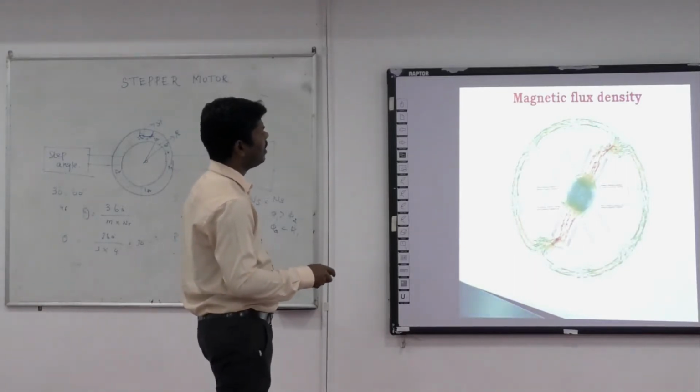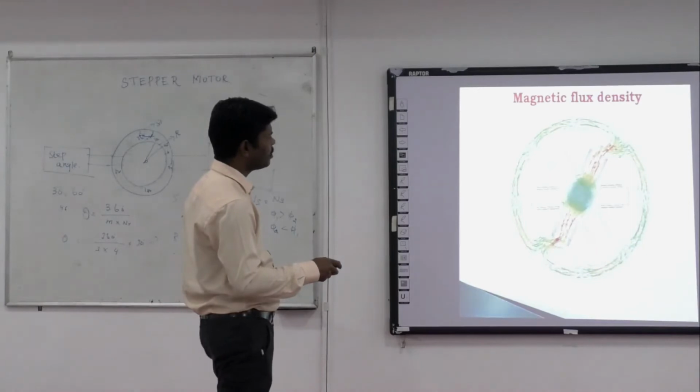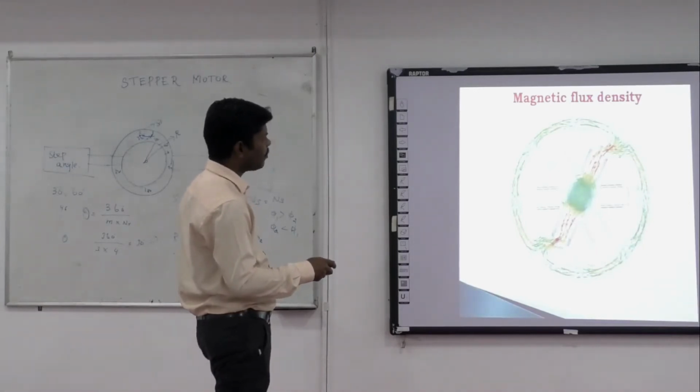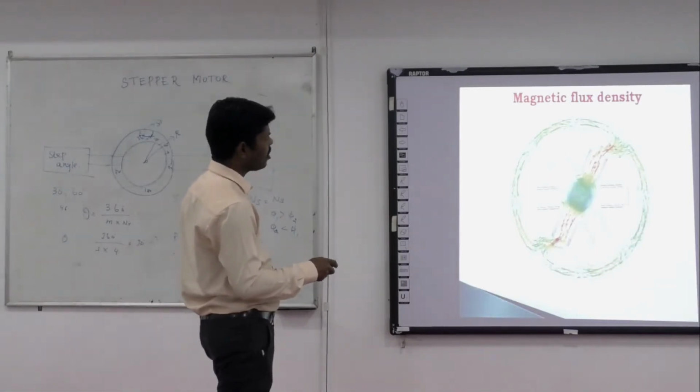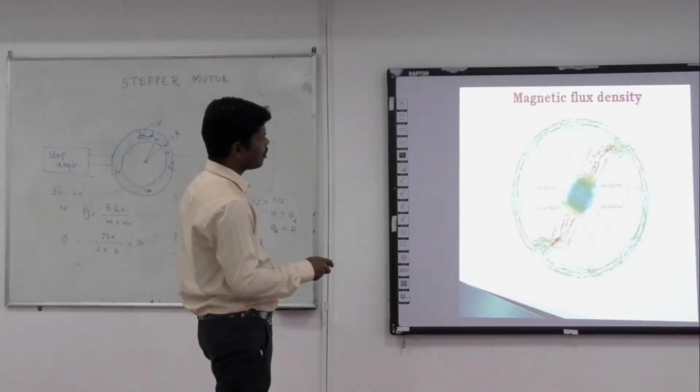Both are mingled together. This part is the air gap of the motor, with the stator on one side and the rotor on the other. In between, the flux is generated sequentially.